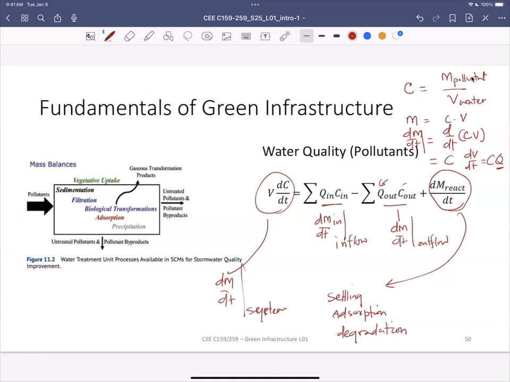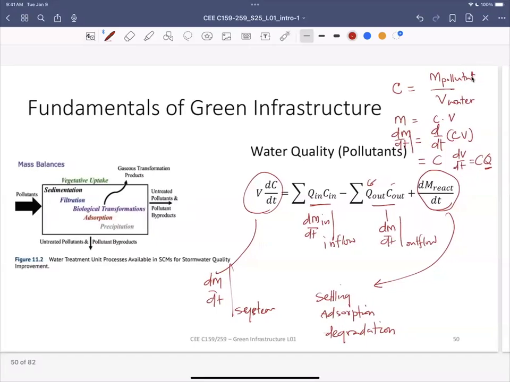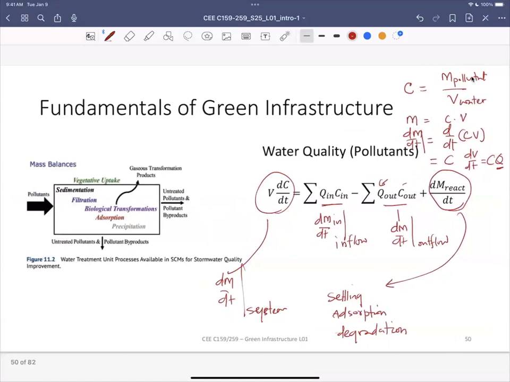These are the different functions we can use to estimate the amount of pollutants removed. We will use that in several lectures in class.